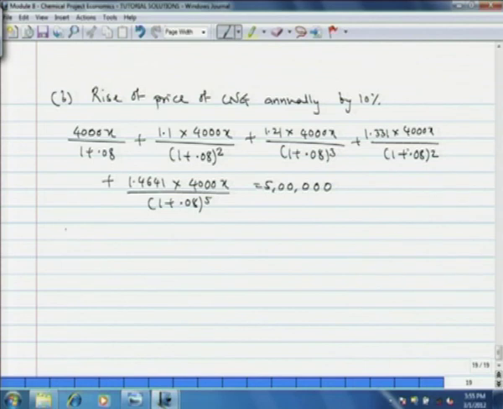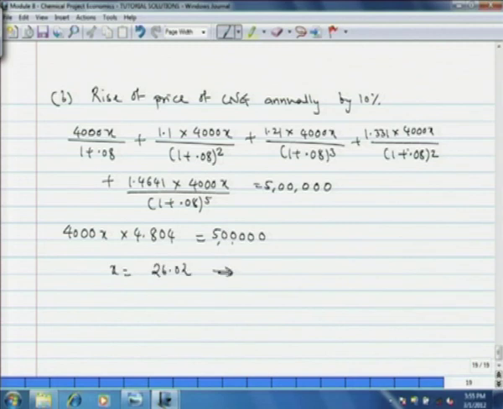Now again you take 4000x common from the right hand side and work out the series. That turns out to be 4.804. You can easily work out on a calculator. This is equal to 500,000 or 5 lakh, and then x equals 26.02.